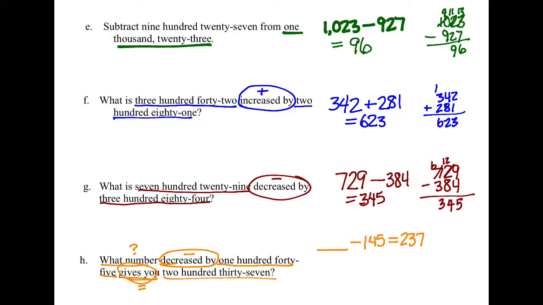Okay, so we're looking for the whole, because the whole minus one part is going to equal the other part. So we're going to add these two together to get our answer. So 237 add 145. 12. 1 and 3 is 4. 4 and 4 is 8. And 3. So 382 goes in that blank. And that is the end of this video.